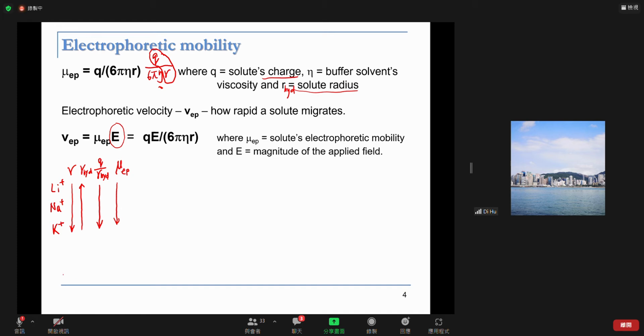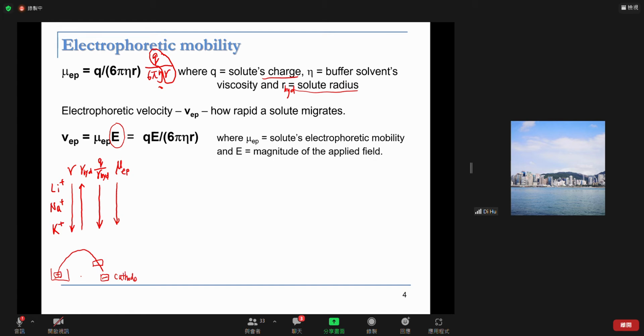Here is a column, and this is the detector, and here is the cathode. This is the anode. Remember that we do it this way. For those positive ions, the cations, let me write it here.